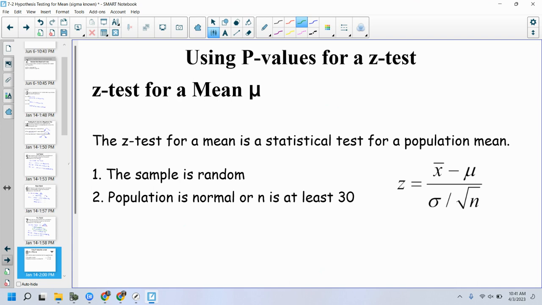And that mu is coming from our claim, right? We're going to take x bar, our sample statistic, our sample mean, subtract away mu, and divide it by sigma divided by the square root of n, not n minus 1, n. All right.